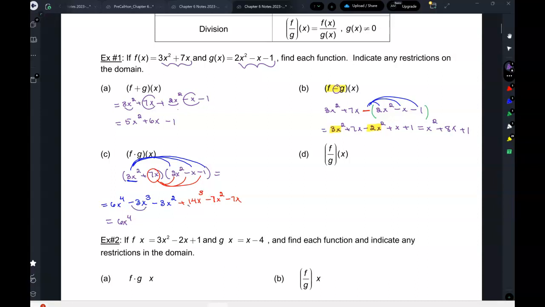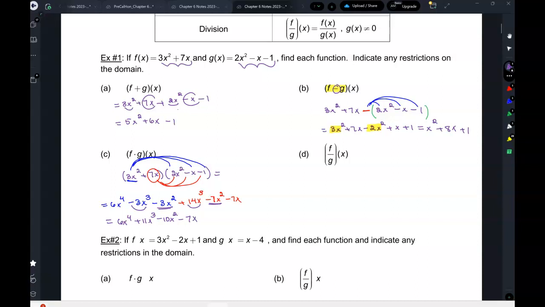Negative 3x cubed plus 14x cubed, that's 11x cubed. Negative 3x squared, negative 7x squared, and negative 7x. Okay, so this process isn't new. None of this is new. The only thing that's new is it's just telling you to put them together, whereas before I gave it to you put together like that.